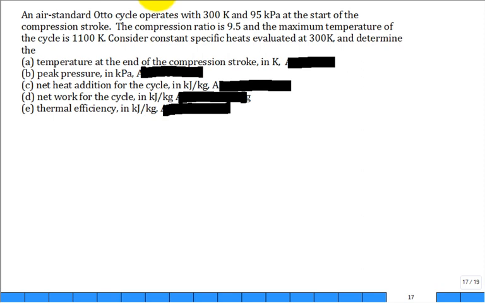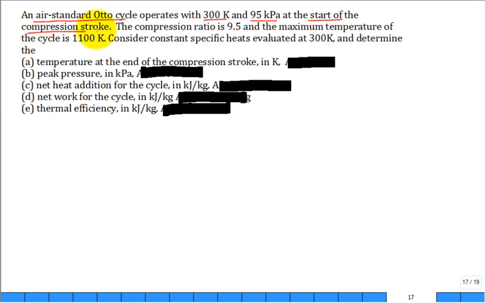So let's solve this problem. So we have an air standard Otto cycle. You know, just in a few words, wow. It tells us a whole lot. But that's what we've been talking about, hasn't it? This is an Otto cycle, and we're doing the air standard analysis. It operates with 300 Kelvin and 95 kilopascal at the start of the compression stroke.